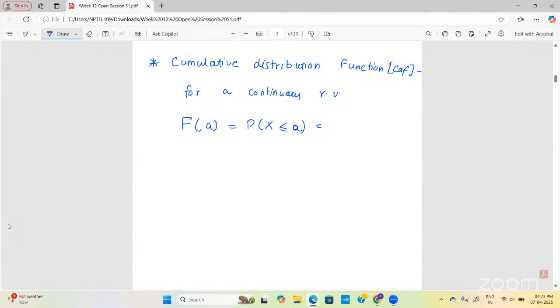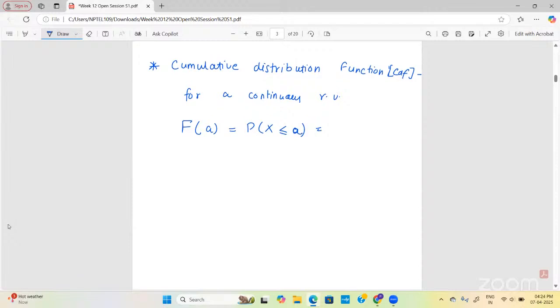Ma'am, we can take cases where the points lie between 0 and A. And for x less than 0, it would be 0. See, here we are talking about a continuous random variable and not discrete.